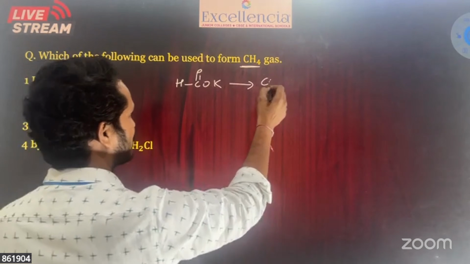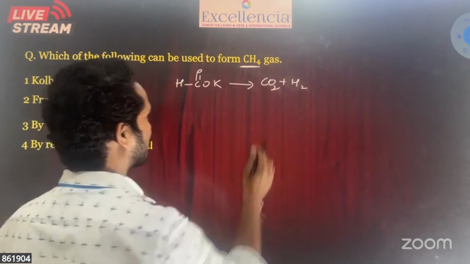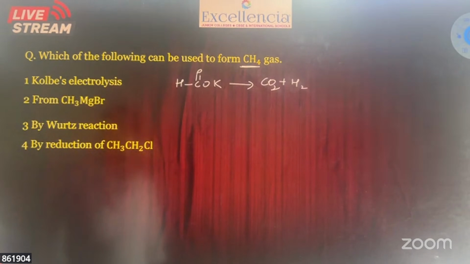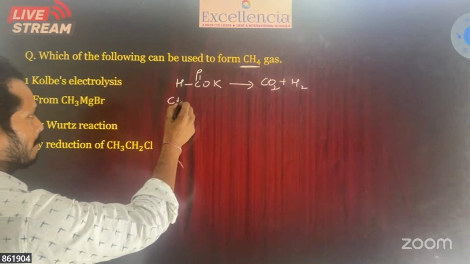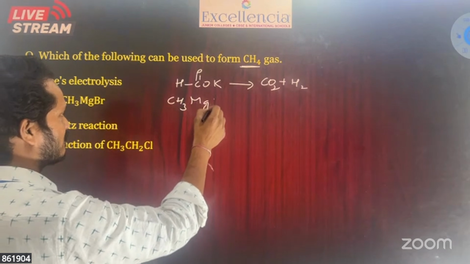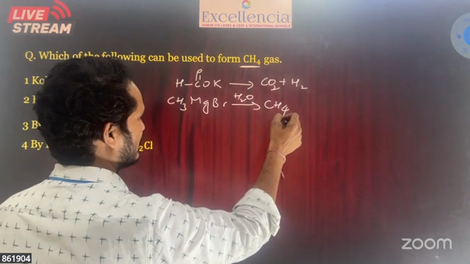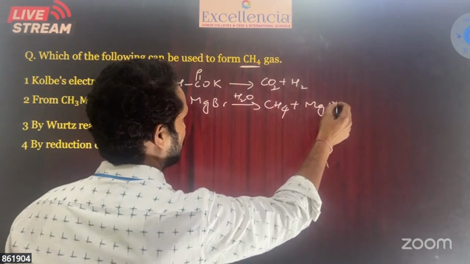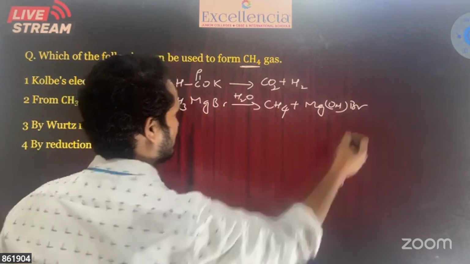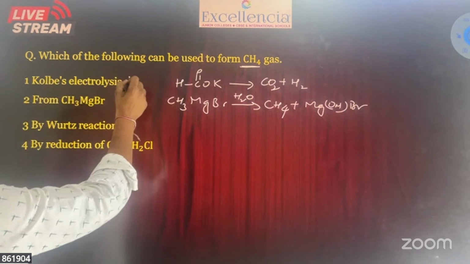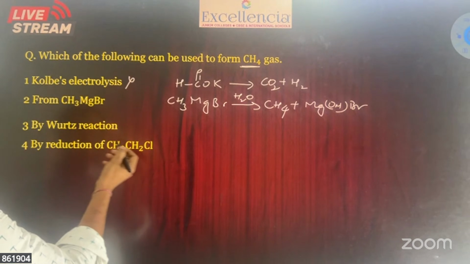Upon electrolysis, we get CO2 and H2 gas. From this, no CH4 will come out. But if you take methyl magnesium bromide, upon hydrolysis, it will give off CH4 along with Mg(OH)Br. So from Kolbe electrolysis, we can't prepare this.